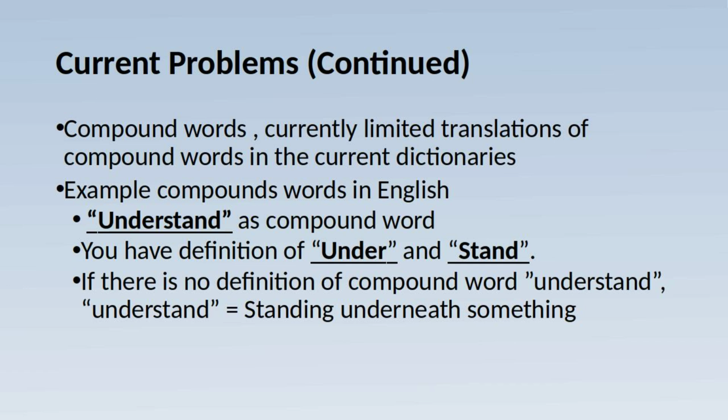And one has to find those words and break them up and then try to understand what the meaning is. But the problem is sometimes it's a word in and of itself rather than a word of two words that are added together. Let me give you an example in English to show you the problem.